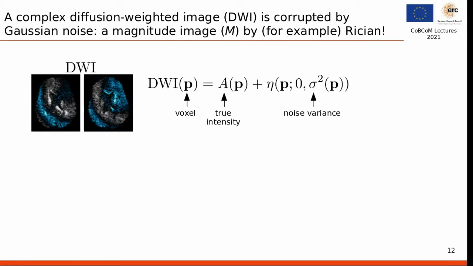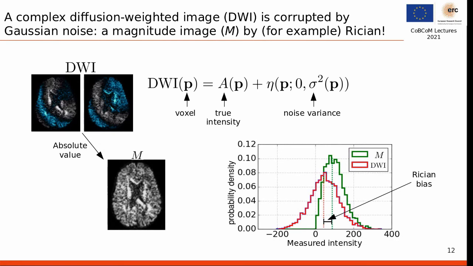So now we can see that these images on the left are not really intelligible. So what's typically done is to compute their magnitude. And to do so, we actually calculate the absolute value of it.